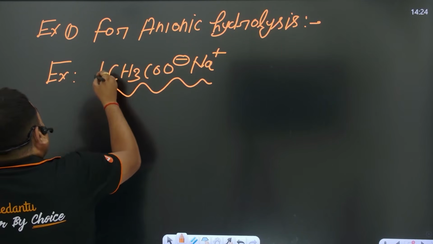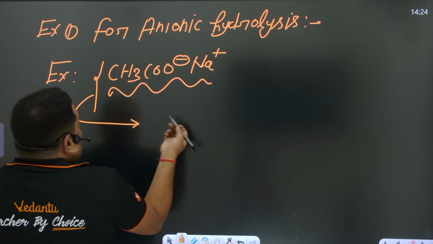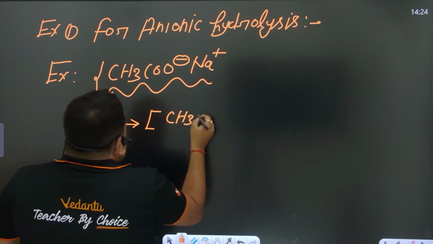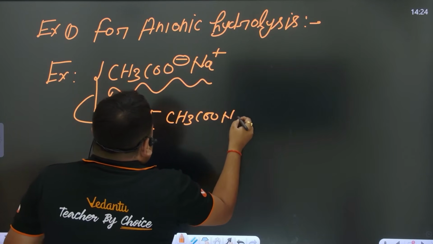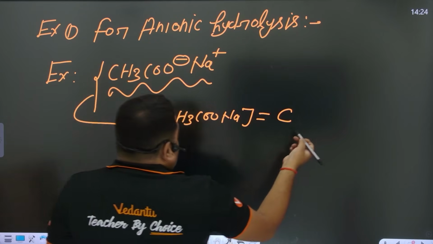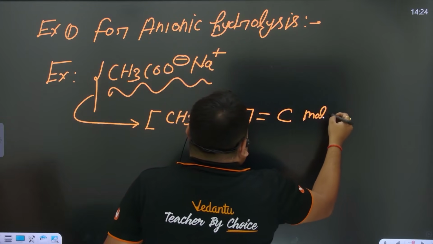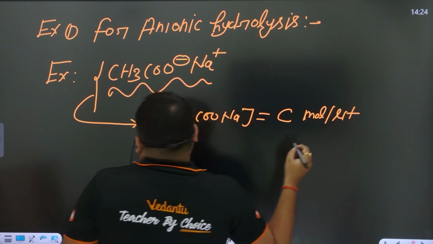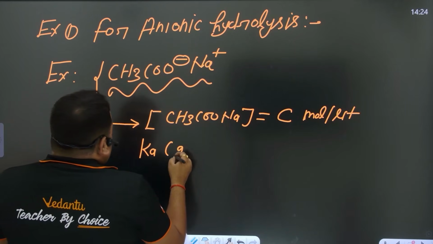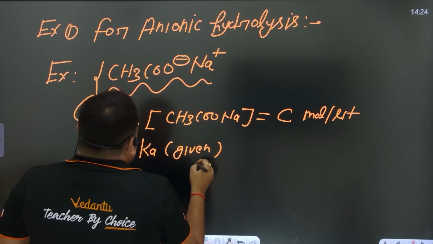Now, in the question it is given to you the concentration of salt. For example, this is C, right? And this is mole per liter. And in the question, Ka value is also given, right?